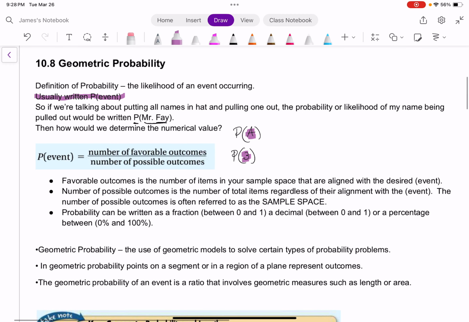This is simple probability, and we can get into very complex procedures and processes, and maybe you've already done some of that stuff, like conditional probability, throughout this course.